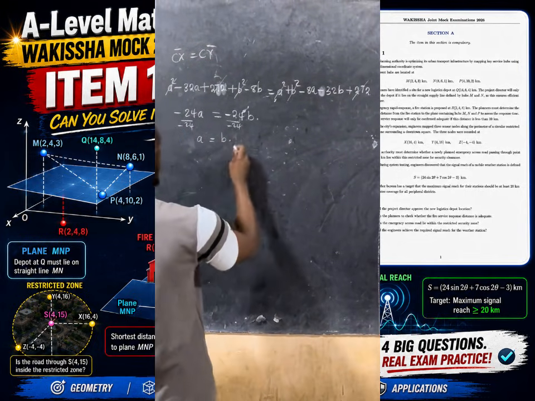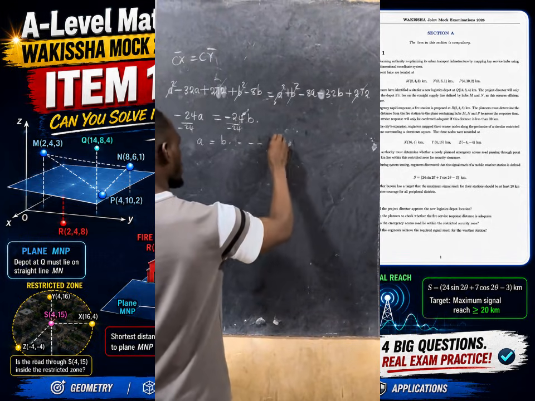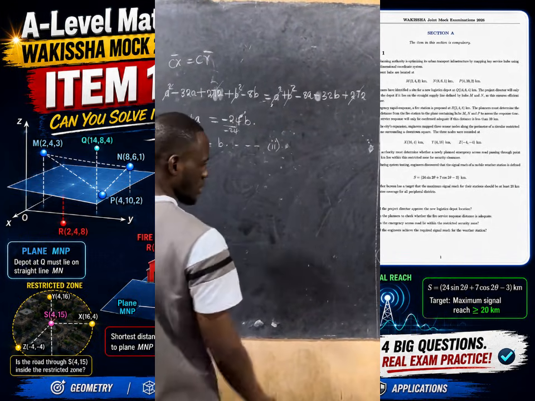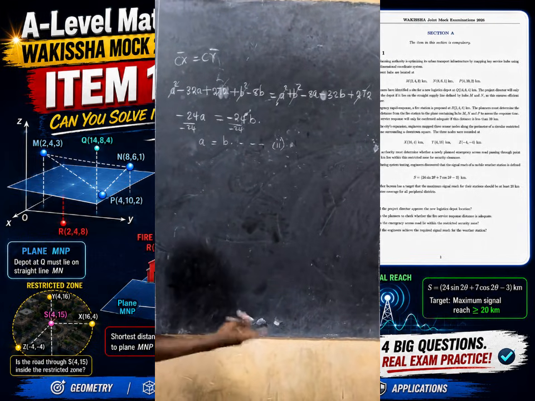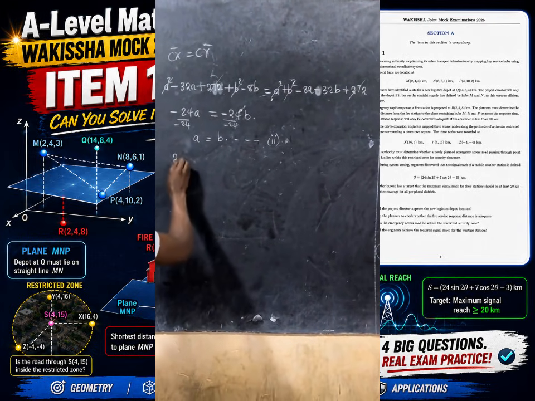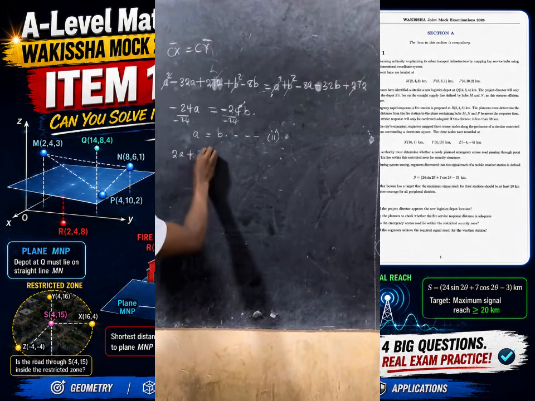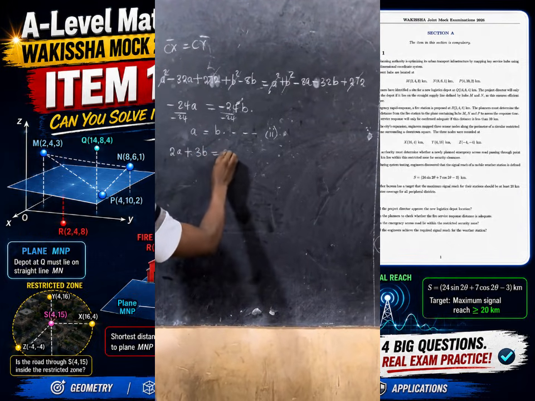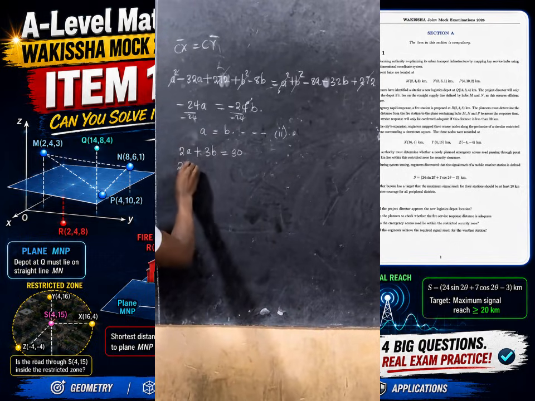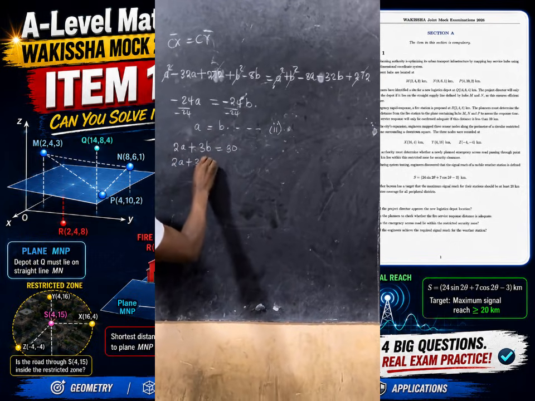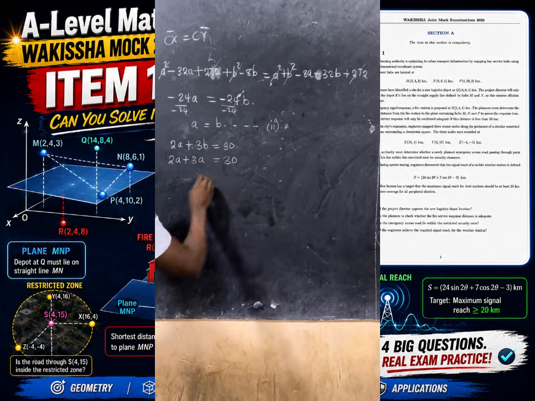And if a is equal to b, I'll put this as my second equation. Then I go to the other equation and substitute. Wherever there is b, I put a. So 2a plus 3b is equal to 30 becomes 2a plus 3a is equal to 30.